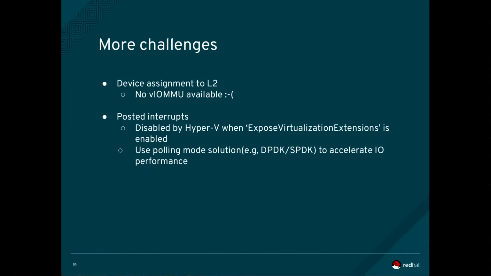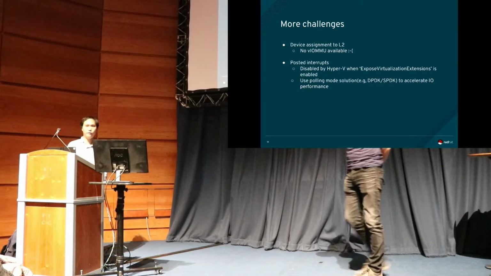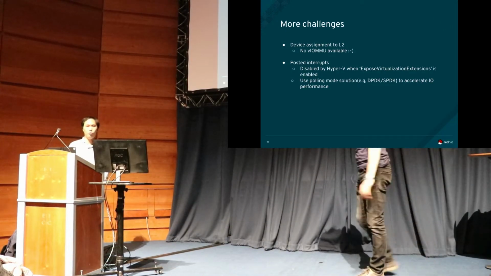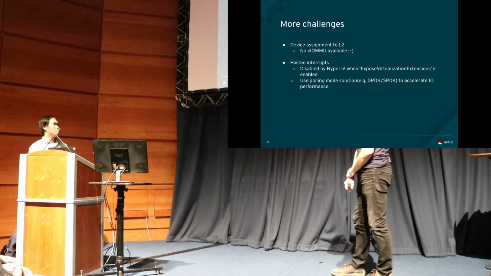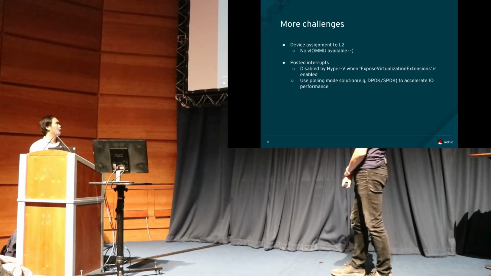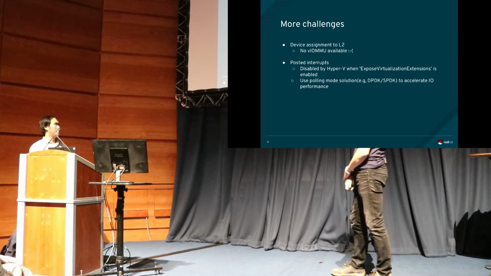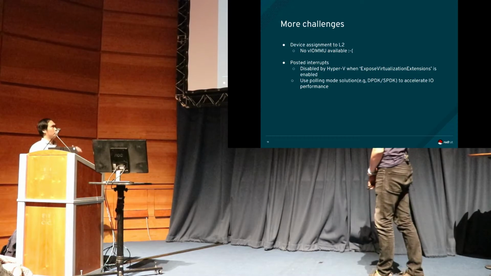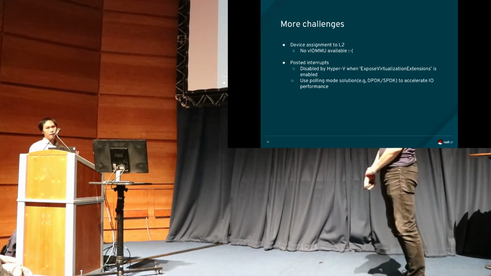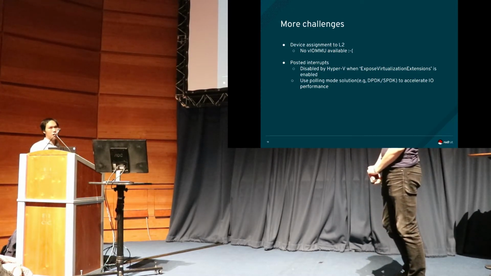What else? There are more challenges for nested virtualization, namely nested VM I/O performance. Hyper-V so far doesn't support virtual IOMMU, so you cannot pass through a physical device from the L1 to the L2. Also, so far posted interrupts cannot work with nested virtualization on Hyper-V.